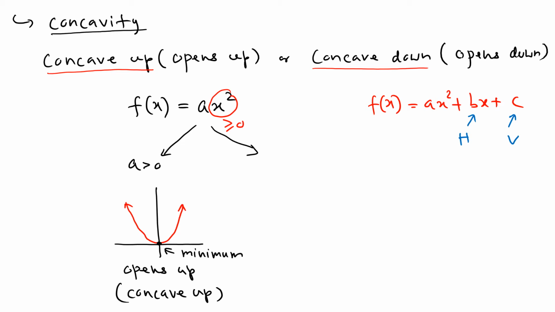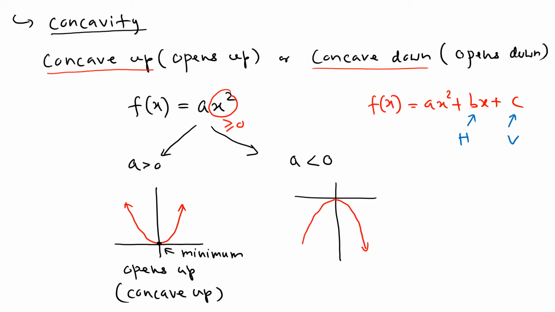Now let's talk about the negative case. If a is negative, since x squared is greater than or equal to 0 and a is negative, all the values are either negative or 0. So the graph is going to flip over, and your graph looks like this now.